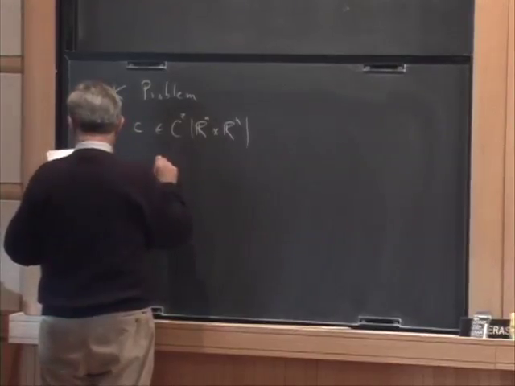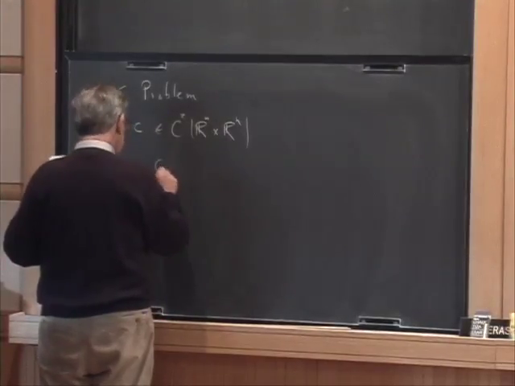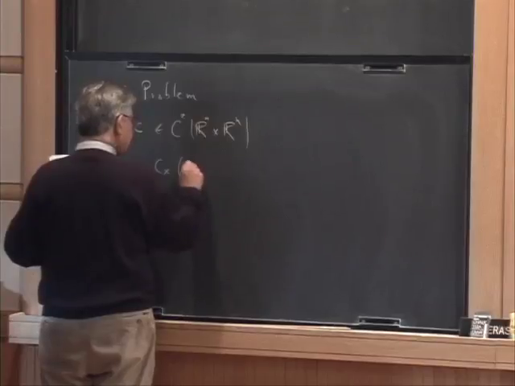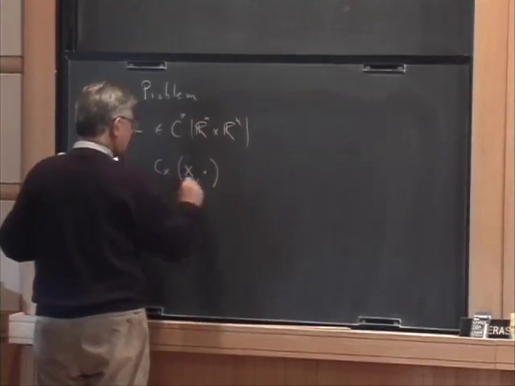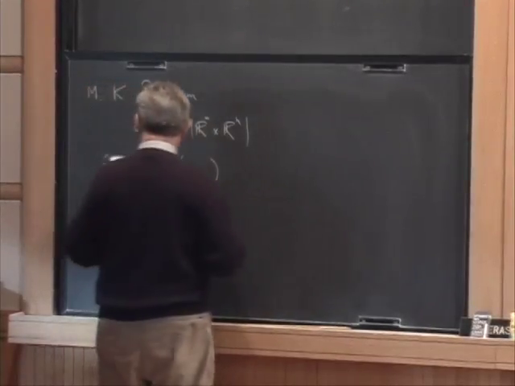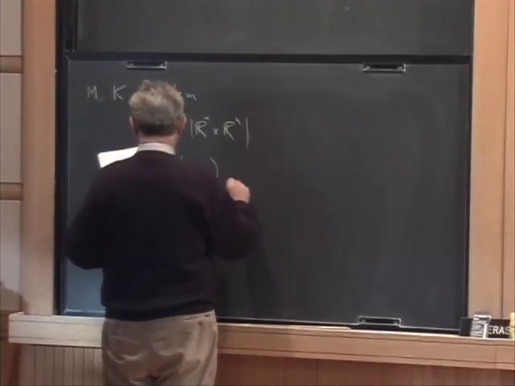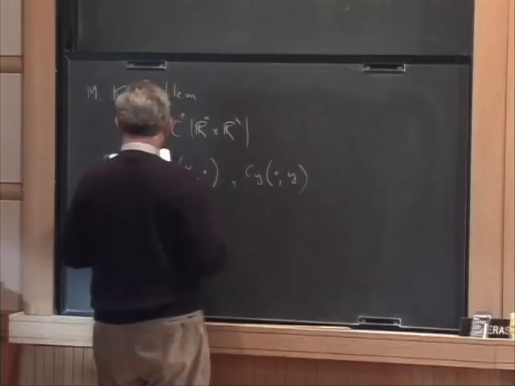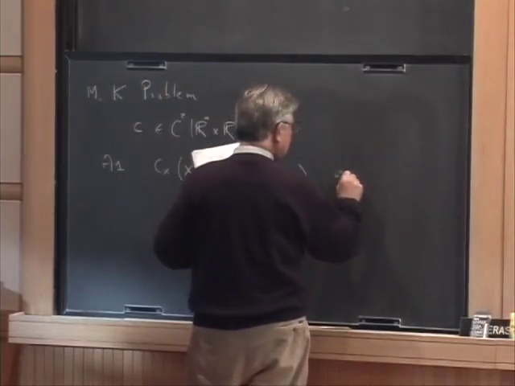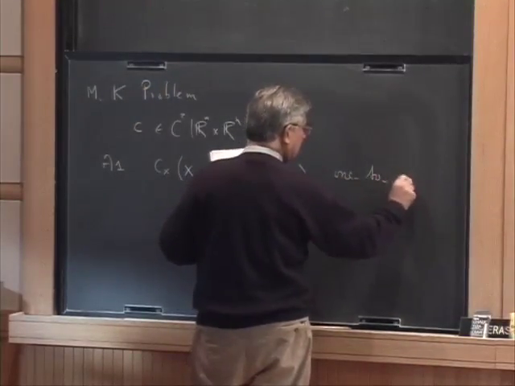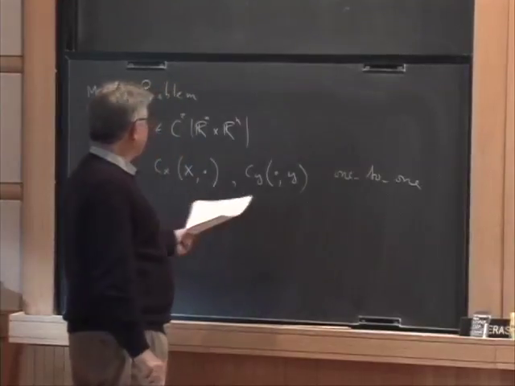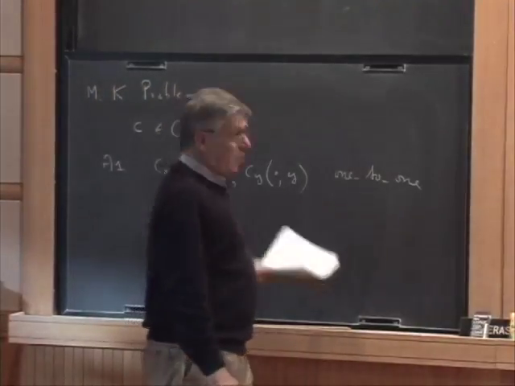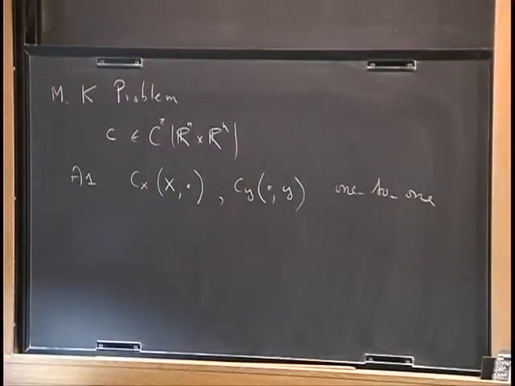First one we call A1. This is that these derivatives, the x derivatives as functions of the second variable, and the y derivatives as functions of the first variable, are 1 to 1 for all values of the x here and the y there.